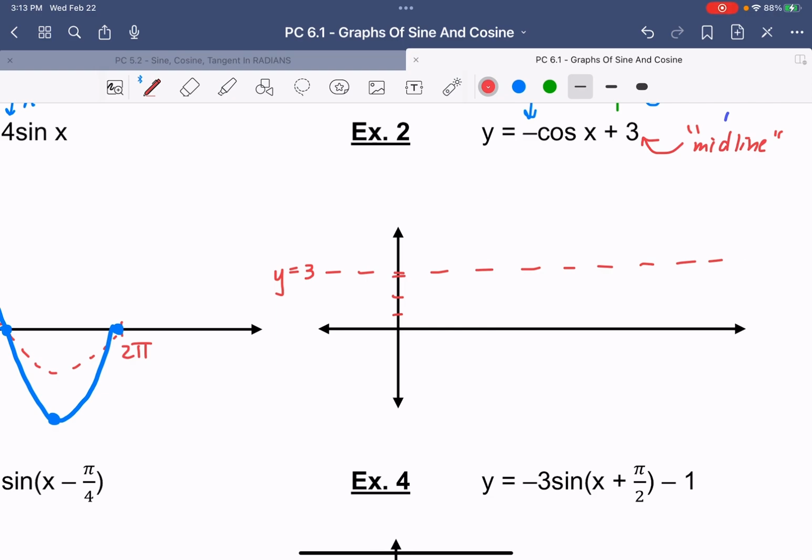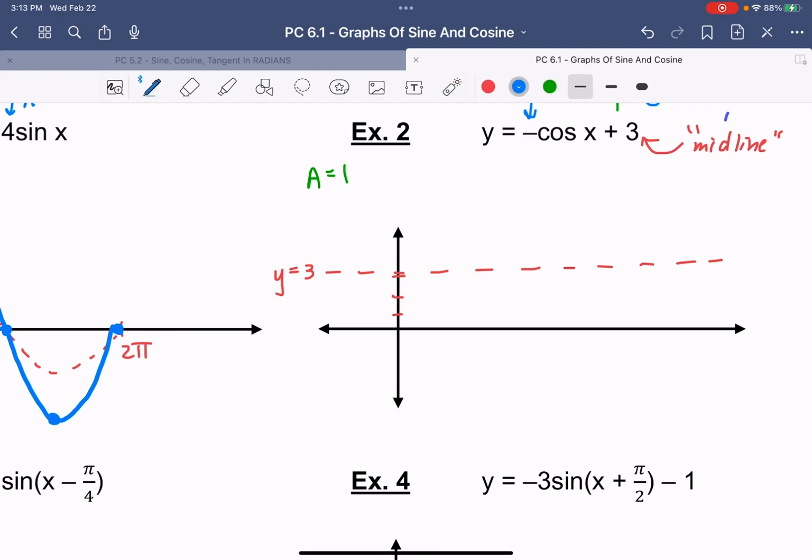Now the amplitude is 1. Okay, it's the absolute value of this negative 1. That just means from the midline, I'm going up and down 1 for my max and min points. Now, typically the cosine would start up here, but because it's reflected, I'm going to be starting down at 2 and having a max up at 4.